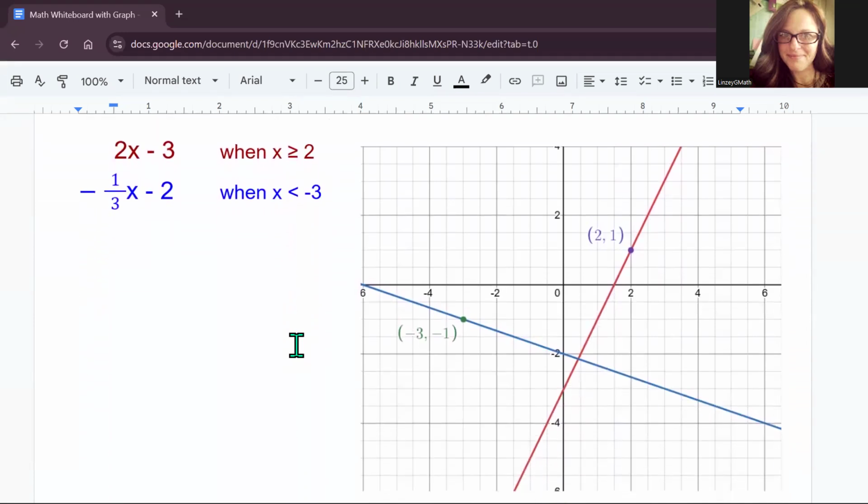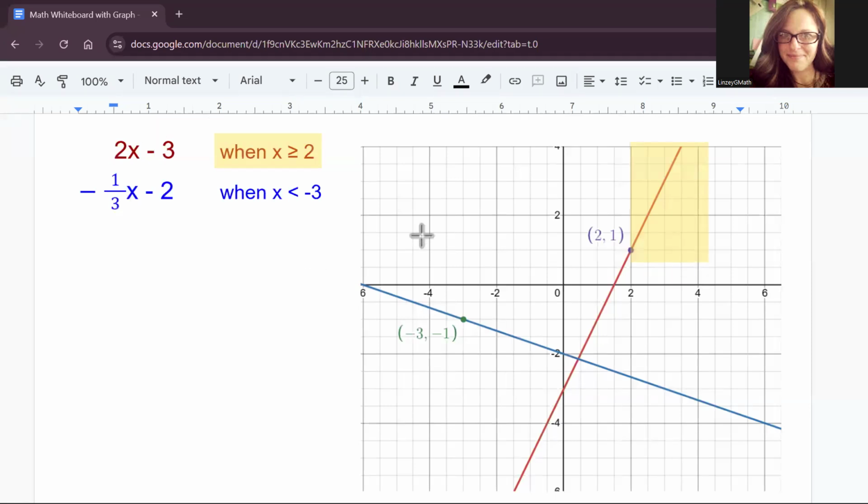Here is the graph on Desmos of our piecewise function. We have our first piece, 2x minus 3, is the red graph. And the second piece is the blue graph. And we'll take a look at the domain. When x is greater than or equal to 2, so we want this piece of our first graph.